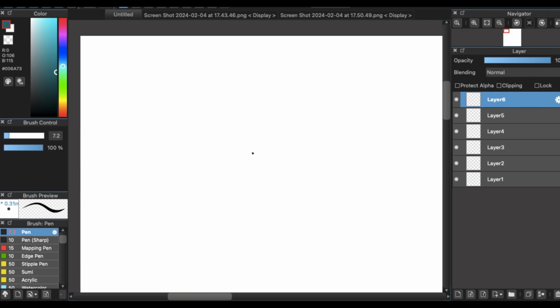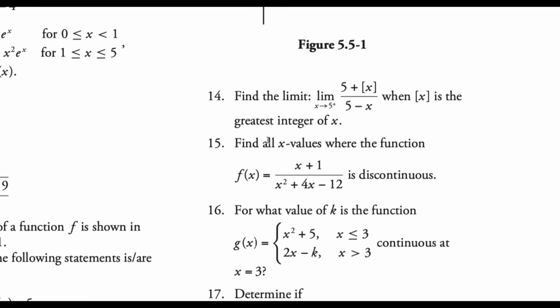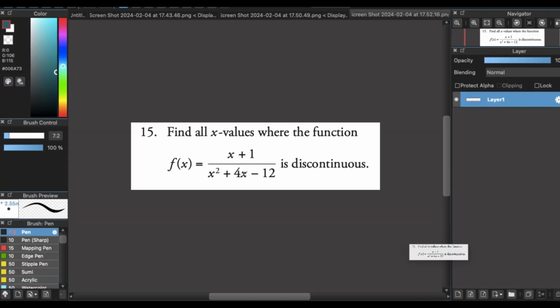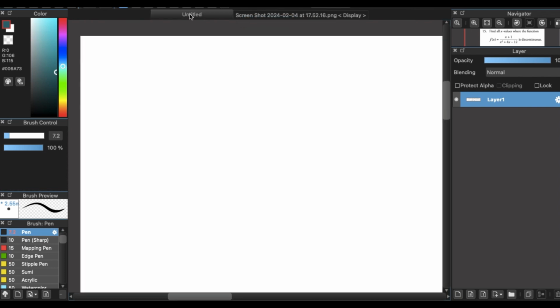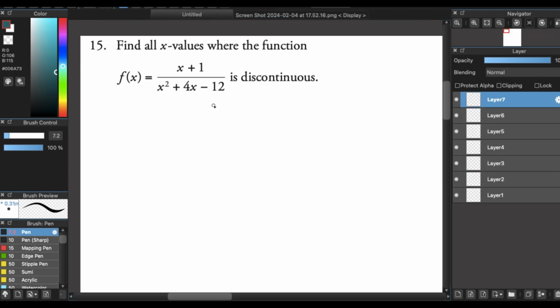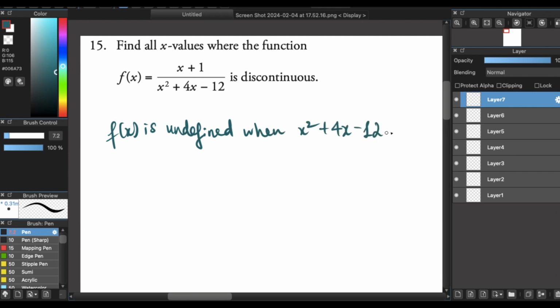Okay, let's move on to the next example. Find all x values where the function is discontinuous. Okay, so as you can see, the function is undefined when this polynomial expression is equal to 0, and we're going to solve for this.